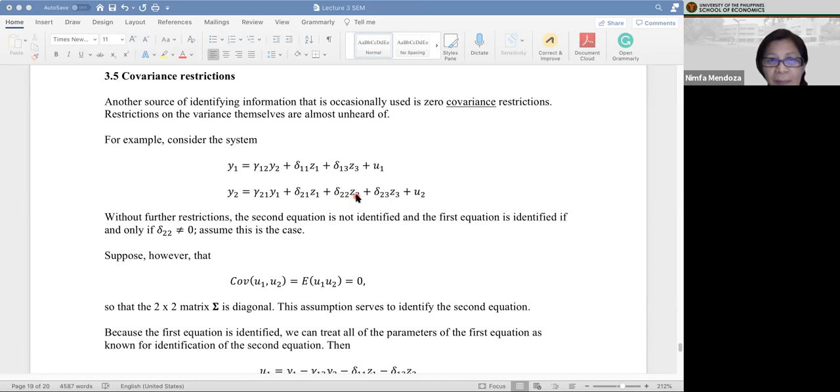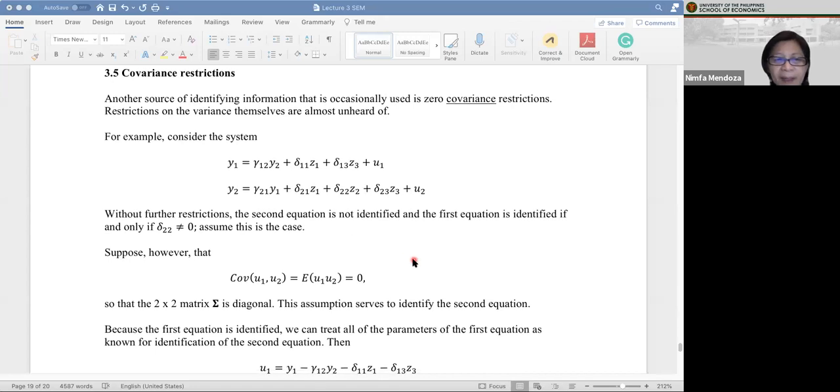C sub 2 can be used as an instrument for y sub 2. So assume that delta sub 2 2 is not equal to 0, because if delta sub 2 2 is equal to 0, then c sub 2 is not correlated with y sub 2, so that would not make a good instrument for y sub 2.